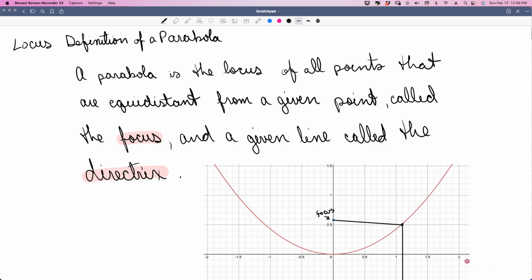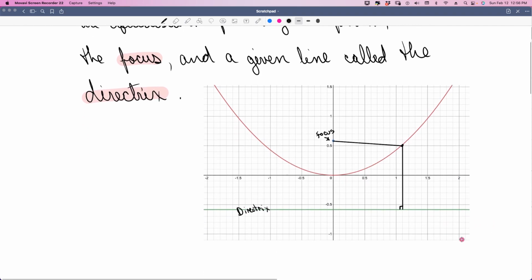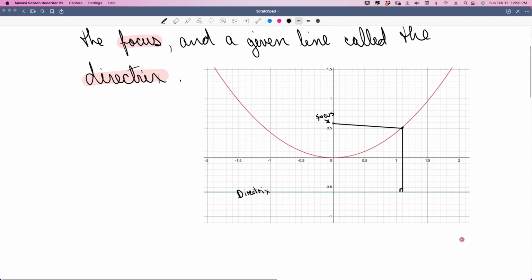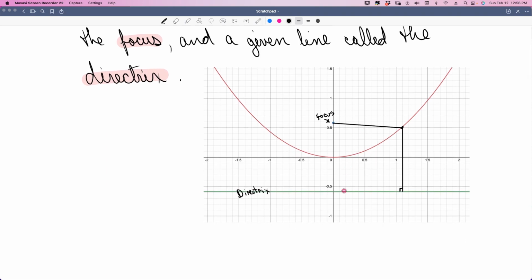So below I have a screenshot of a parabola with its focus and its directrix plotted. So the focus, here's a point here. It's going to be on the inside of the parabola.